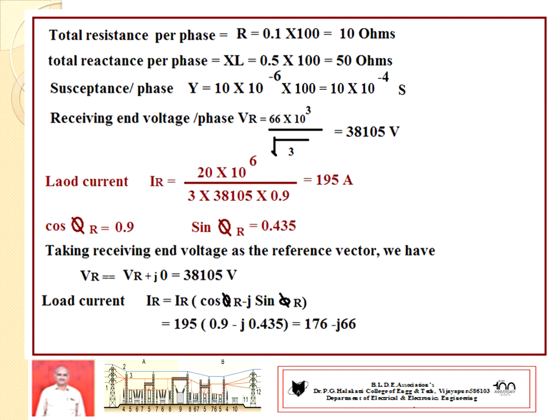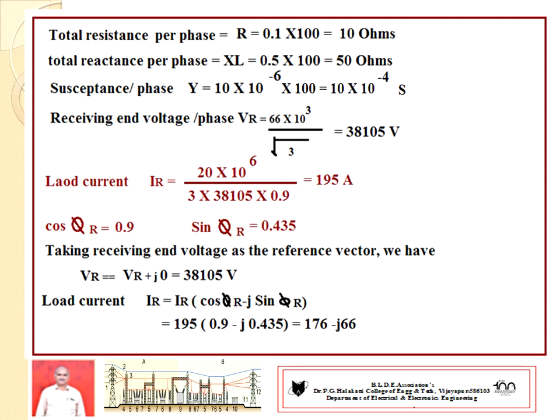Similarly, total reactance per phase 0.5 into 100, 50 ohms. Susceptance per phase 10 into 10 to the power of minus 6 into 100. So it becomes 10 into 10 to the power of minus 4 Siemens.